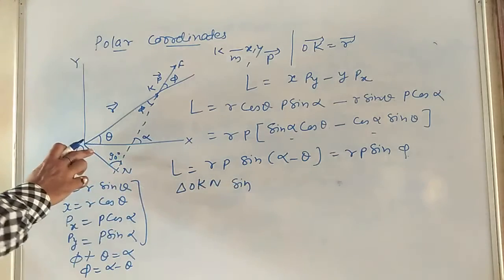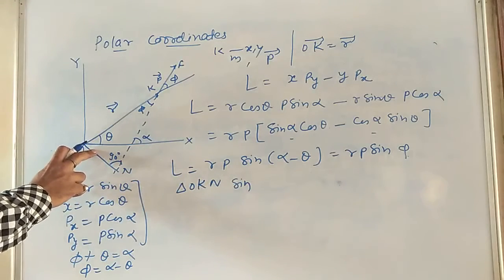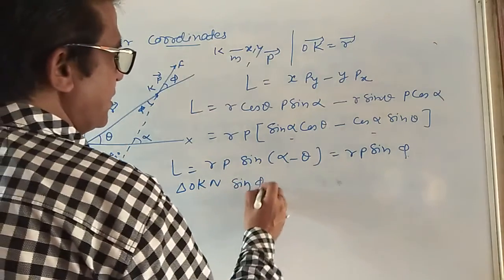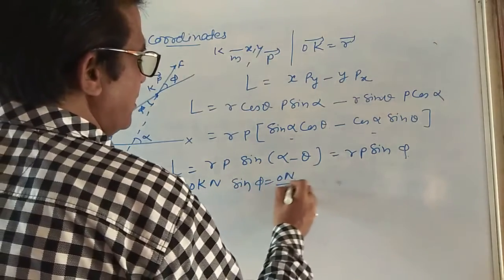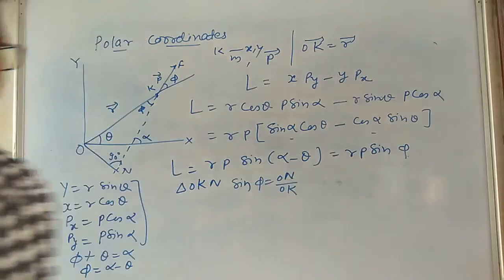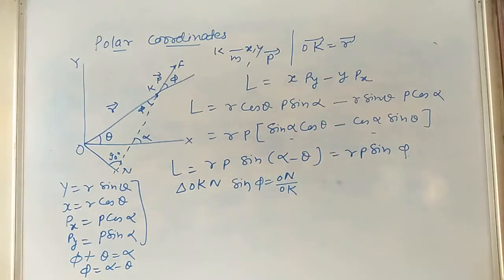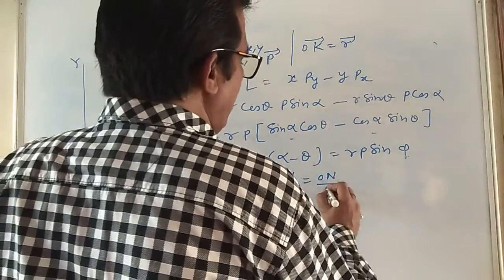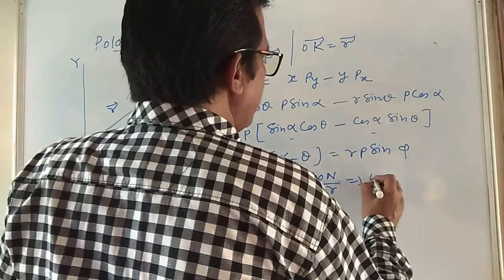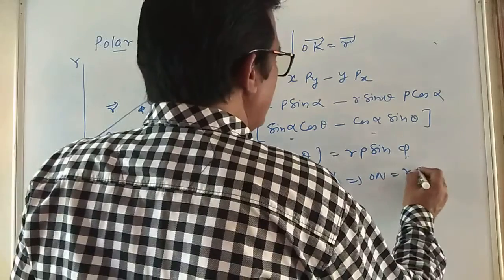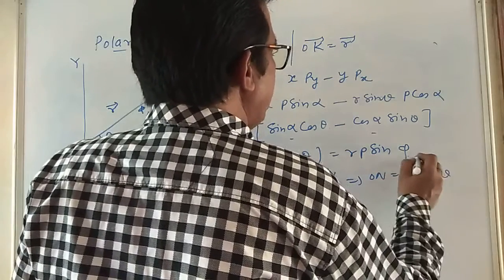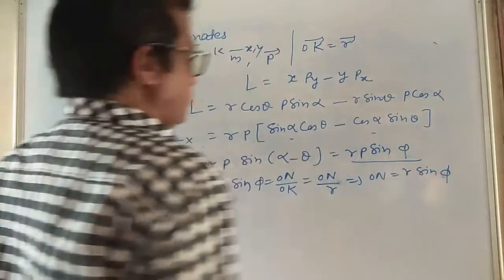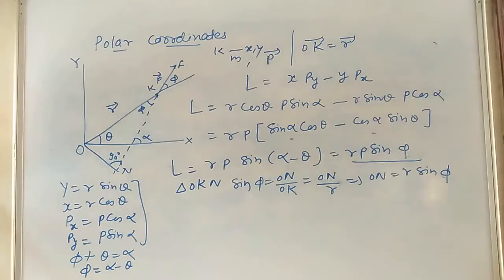My dear children, I can write in this triangle sine phi is equal to ON divided by OK, which is R. ON is equal to R sin phi. क्या देखिए आप. So what can I write?